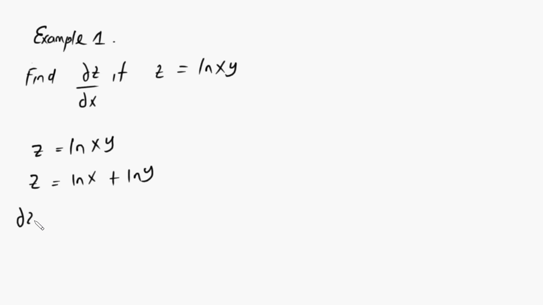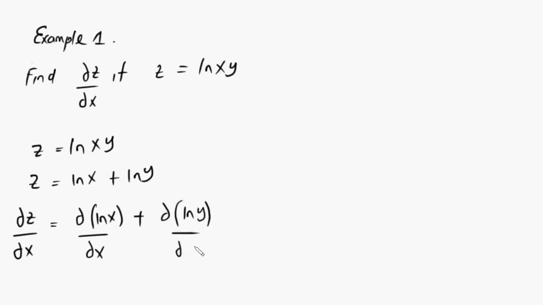So the partial derivative now of z with respect to x, manake nafanya vile vile kama kwenye derivative ya kawaida. Manake hii ya kwanza na derive with respect to x, na hii ya pili na yenyewe ln y with respect to x.